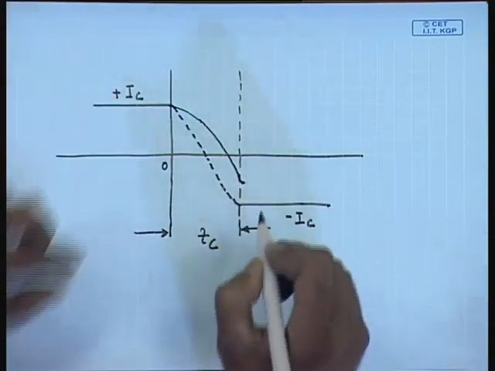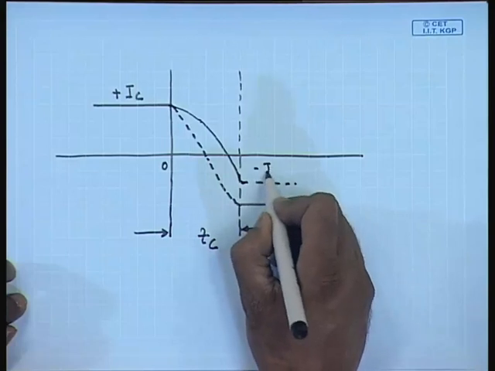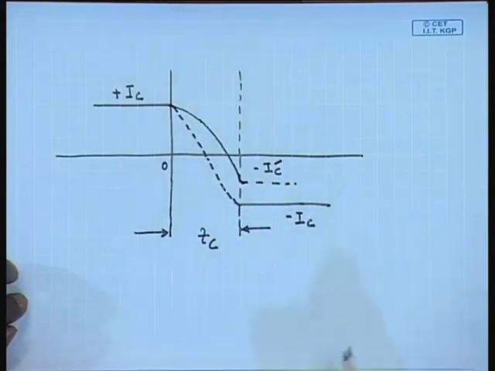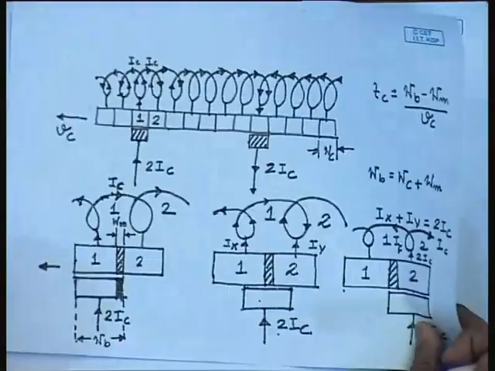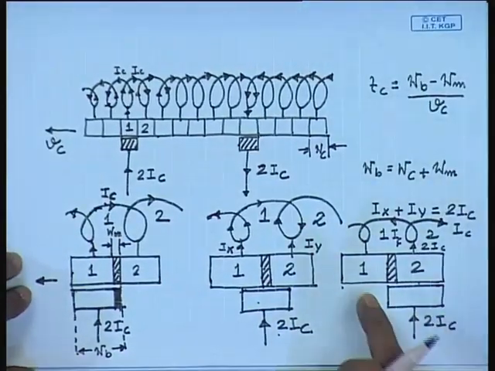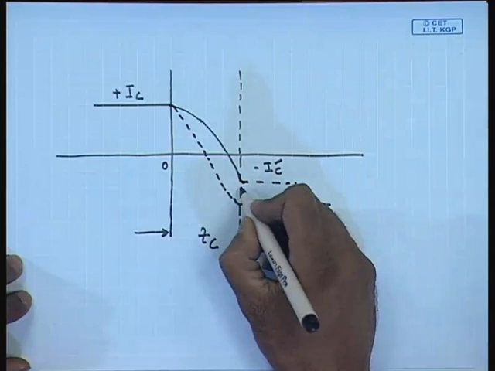So, maybe it has reached a value of minus Ic dash. If that is the case, then when the contact with commutator segment 1 breaks at the end of commutation, there will be a sparking. The amount of sparking current will be this.